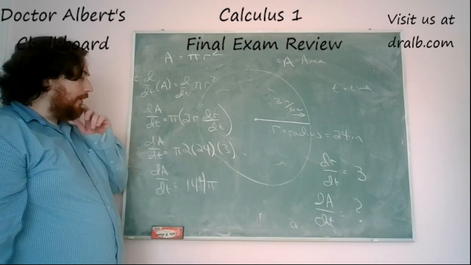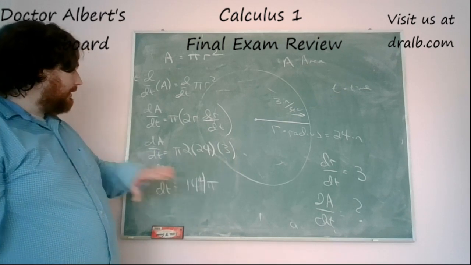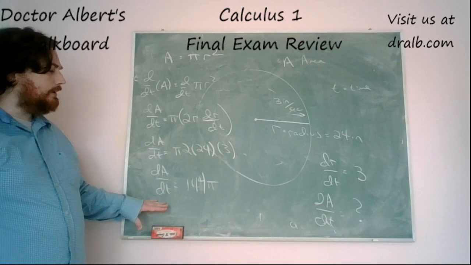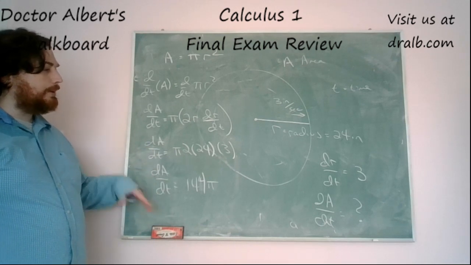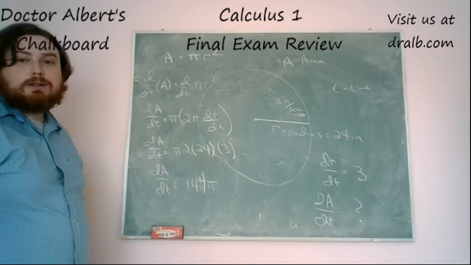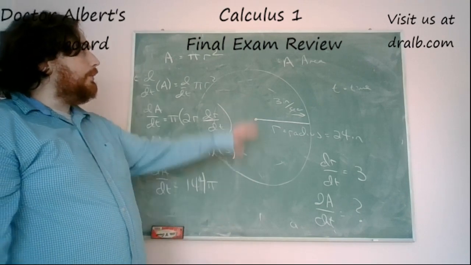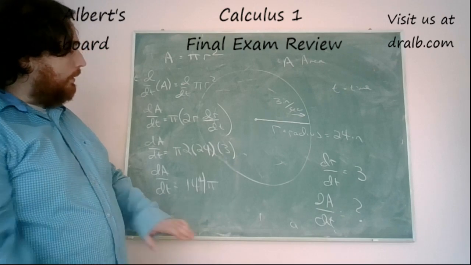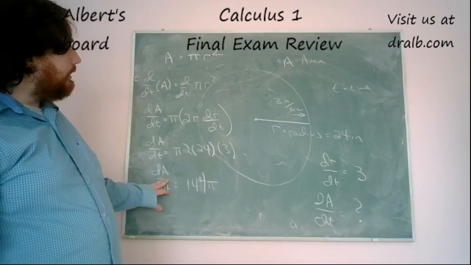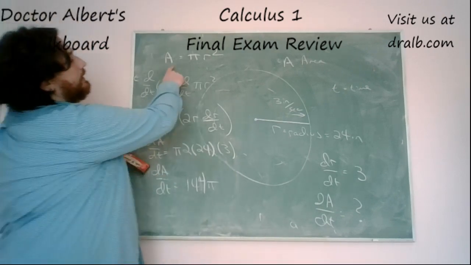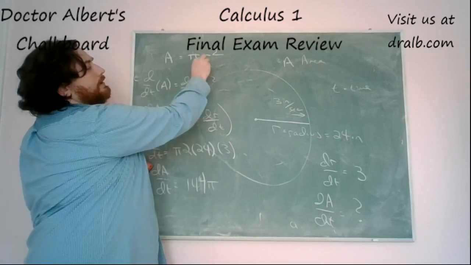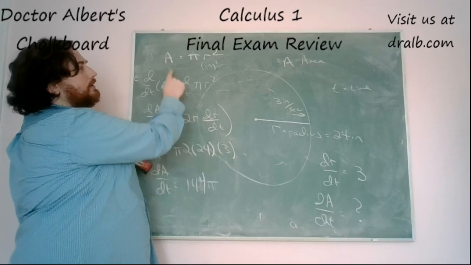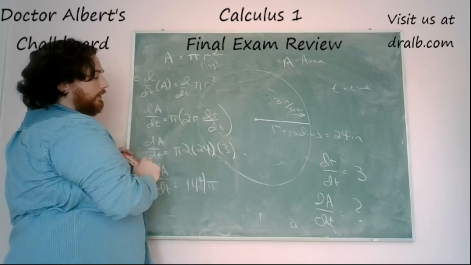If we look at this, though, what that tells me is, yes, dA dt is 144 pi, but that is the answer to my model, and I still need to answer the original question. The original question was, at what rate is the area changing? So how are we going to answer that is, well, the unit should be, since r is in inches, area is going to be in inches squared. Pi is unitless, so area is just inches squared.